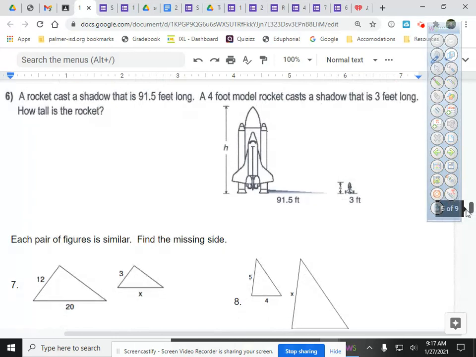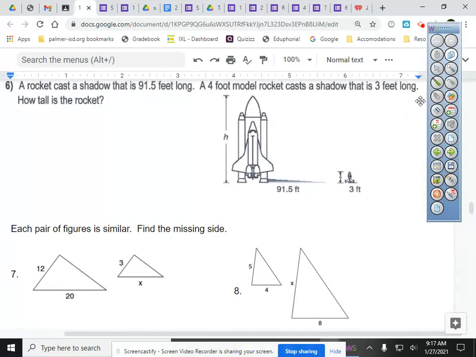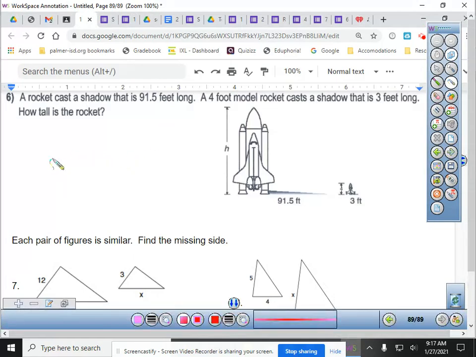Let's look at the next one. A rocket casts a shadow that is 91.5 feet long. A 4-foot model rocket casts a shadow that is 3 feet long. How tall is the rocket? Jasmine, what's the proportion? H over 91.5 equals 4 over 3.